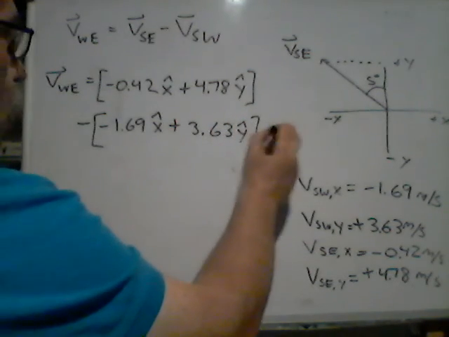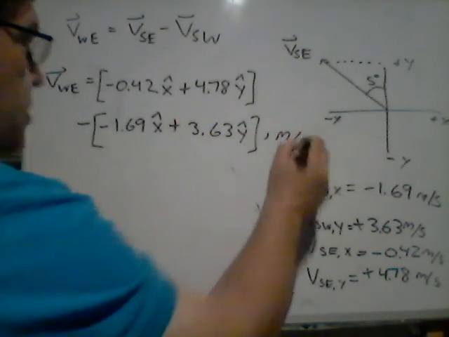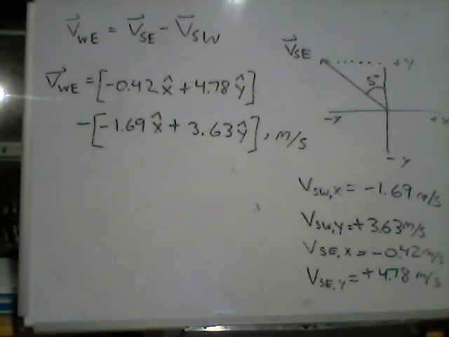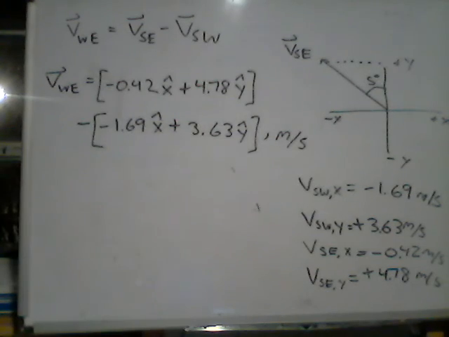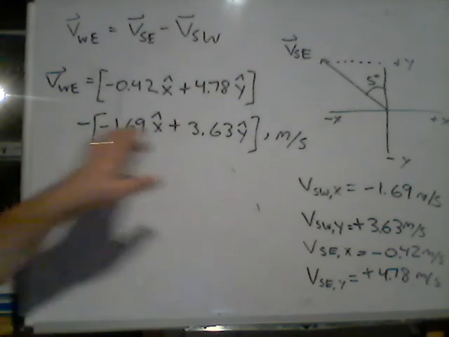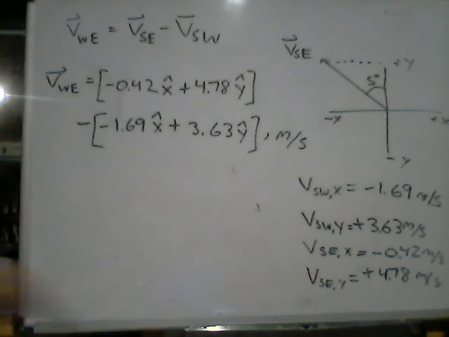And of course, we know that everything is in terms of meters per second. I want to pop the unit on there. All right, so now, remember, when I subtract, I'm really adding the opposite. I'm going to distribute this minus sign through here and turn this into an addition.